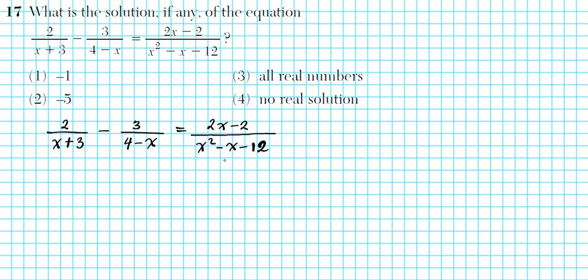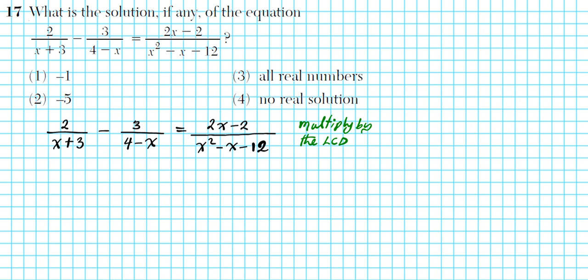Okay, so what we're going to do is multiply the entire equation by the LCD. When we multiply by the LCD, we will eliminate the denominators. Okay, so that's the goal.